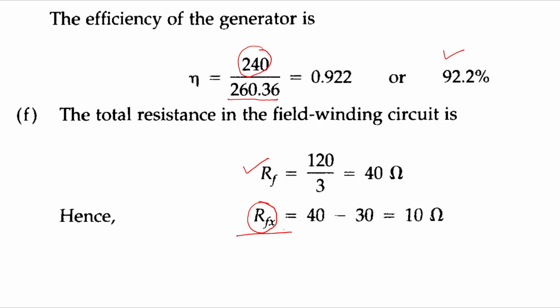So 120 by 3 will give me the effective resistance. 3 ampere is the field current and 120 volt is the voltage applied across the field. So your effective resistance is becoming 40 ohm, right?